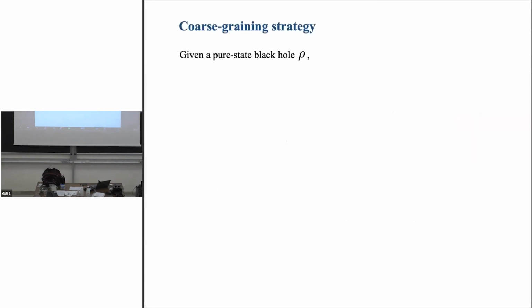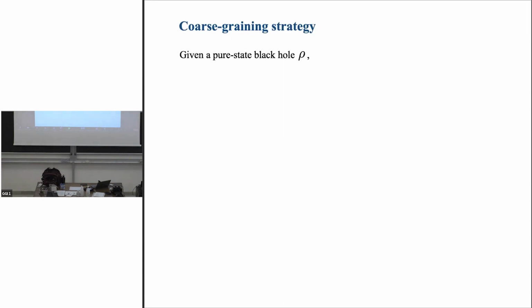So let me go through this strategy, and this is probably the most important slide. Okay, so I'll ask for questions if there are any, and I'll go through this carefully. So here's the strategy. We want to use wormholes to find the coarse-grained density matrix. That's the goal, and this is the strategy to do it.